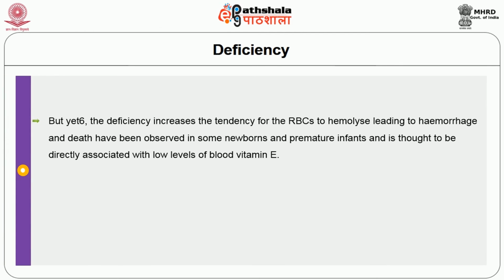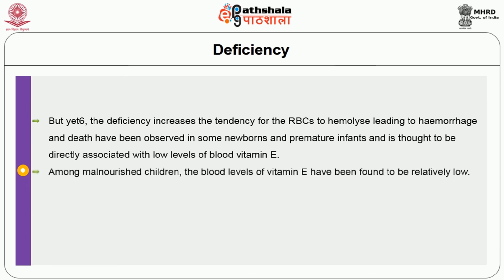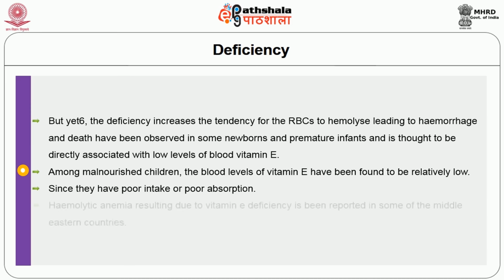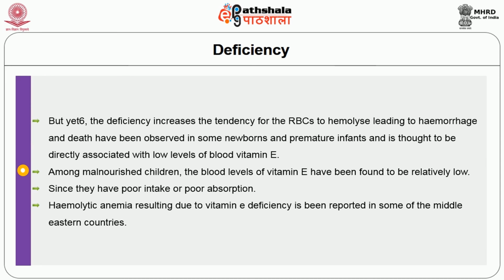But yet, the deficiency increases the tendency for the RBCs to hemolyze, leading to hemorrhage, and death has been observed in some newborns and premature infants, and is thought to be directly associated with low levels of blood vitamin E. Among malnourished children, the blood levels of vitamin E have been found to be relatively low since they have poor intake or poor absorption. Hemolytic anemia resulting due to vitamin E deficiency is being reported in some of the Middle Eastern countries also.